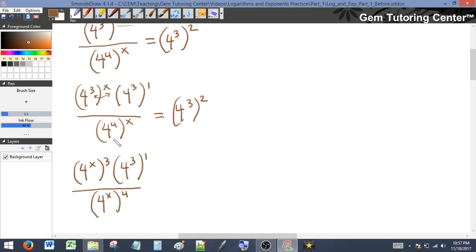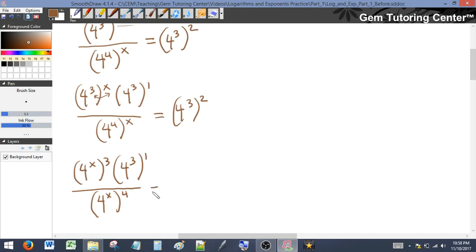Okay, and we can do this because 4 to the 4th to the x is 4 to the 4x. And if you do 4 to the x to the 4, it's still 4 to the 4x. So it doesn't matter which order these are in. We just take one number, one of the variable or the number, out. In this case, we took the number out and we're leaving the variable inside of the parentheses.